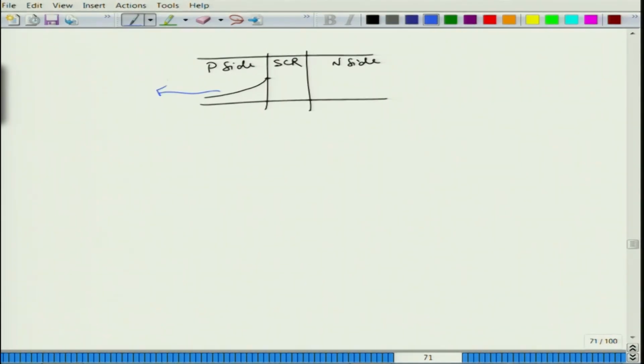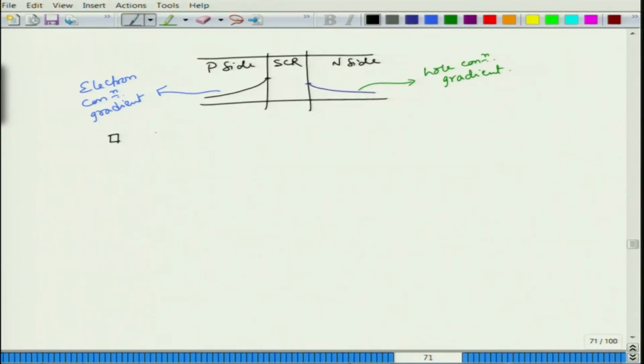This is the electron concentration gradient created, and similarly you can have some other hole concentration gradient, it does not have to be equal, in the n side. This is the result of the carrier injection.